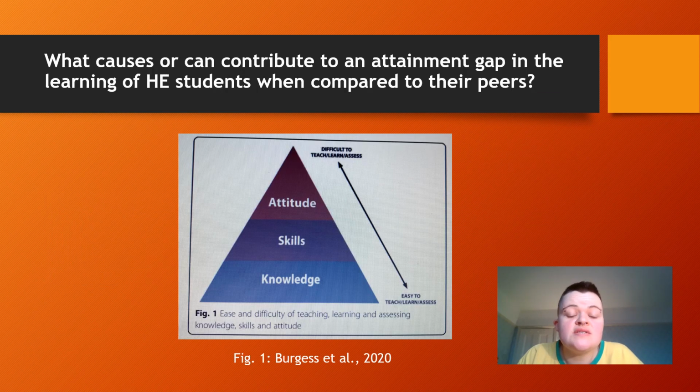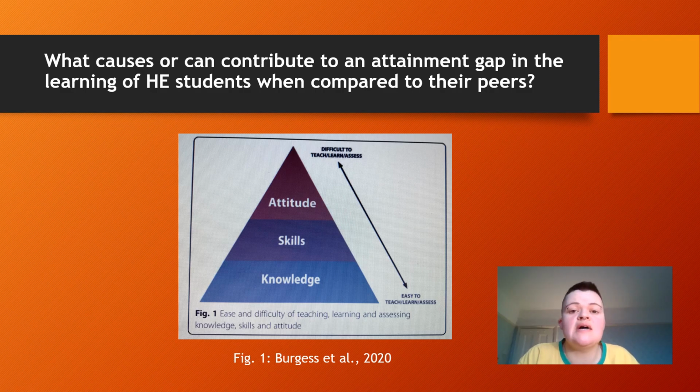So what causes or can contribute to an attainment gap in the learning of HE students when compared to their peers? Now, all the suggestions of what can contribute to an attainment gap that I'm going to present to you come under this diagram here, which is Annette Burgess 2020.